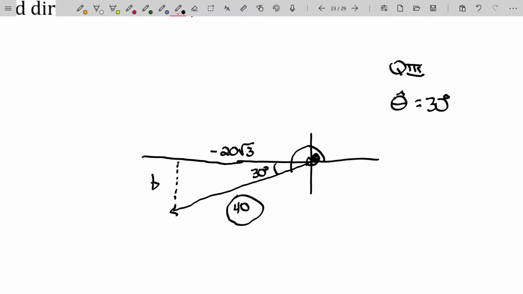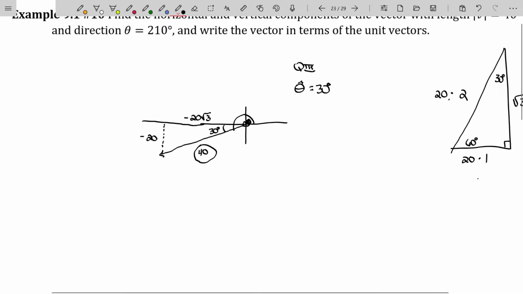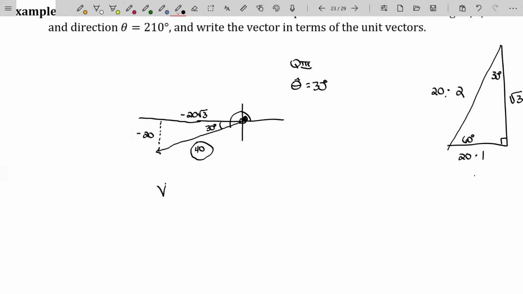And the side opposite will be 20, but again, it's negative because we're in quadrant 3. And so our vector in component form is x equals negative 20 root 3, y is equal to negative 20. But if you want to write this in unit vector form, it would be negative 20 root 3 times the i vector minus 20 times the j vector.